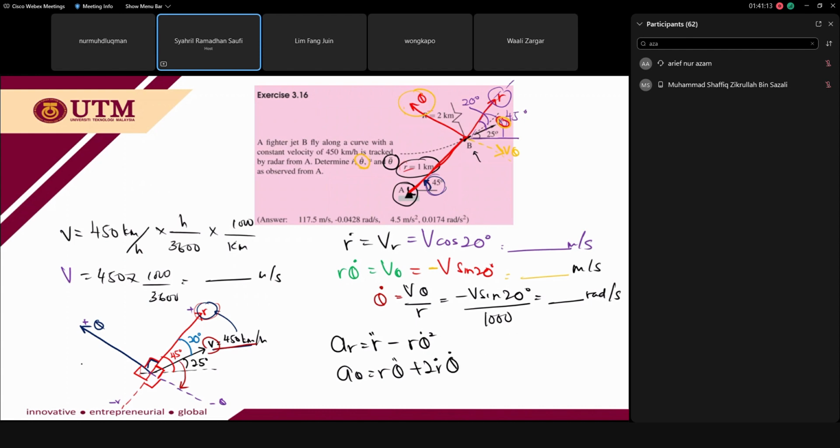The unknowns you need to determine are R double dot and theta double dot. So first you need to determine AR and then A theta. R dot and theta dot you already obtained here. For this equation, you know theta dot, you know R, and then you need to determine AR to solve R double dot.